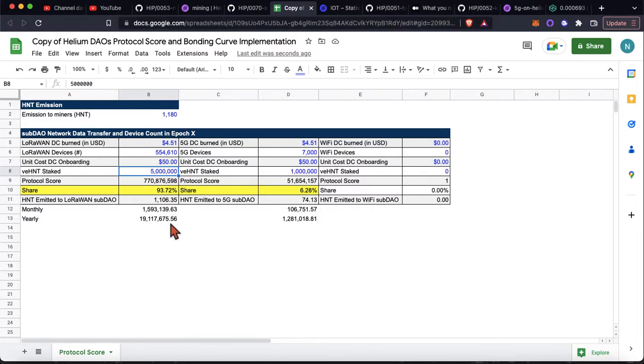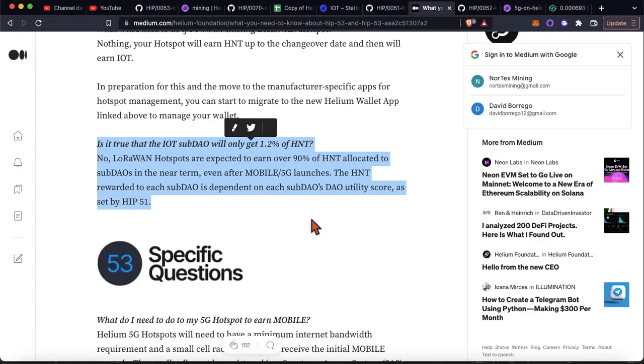Okay, so going through these numbers, that's why, again, another point of that FUD debacle was this one chart that showed 1.2% for the IoT sub-DAO, and that was in terms of opportunity. I think in terms of data opportunity, and everybody thought, oh, the IoT sub-DAO is only going to get 1.2% of HNT moving forward, which, according to the Helium Foundation blog I'm showing here, no, that's not true.